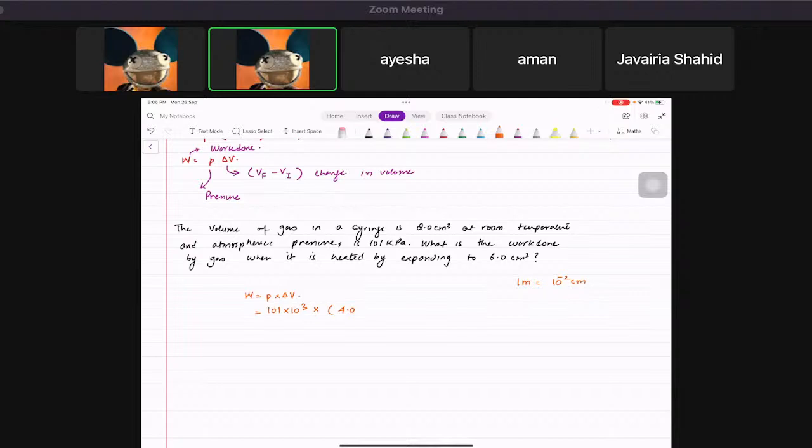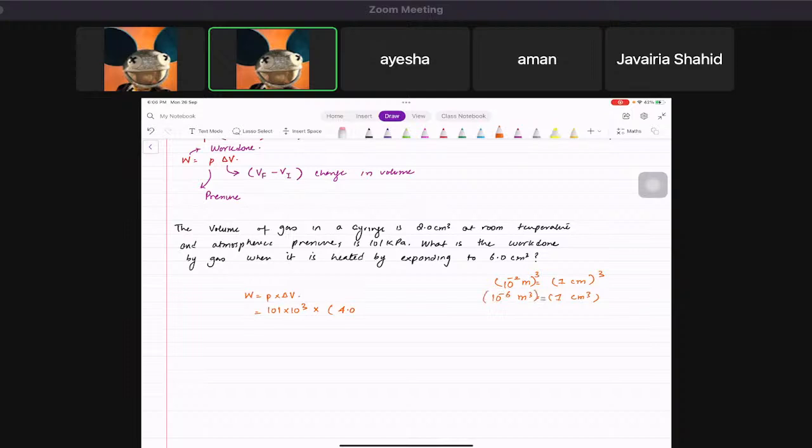If I want to go to meter cube, I'm going to cube this whole thing. So 1 centimeter cube is basically 10 raised to minus 6 meter cube.